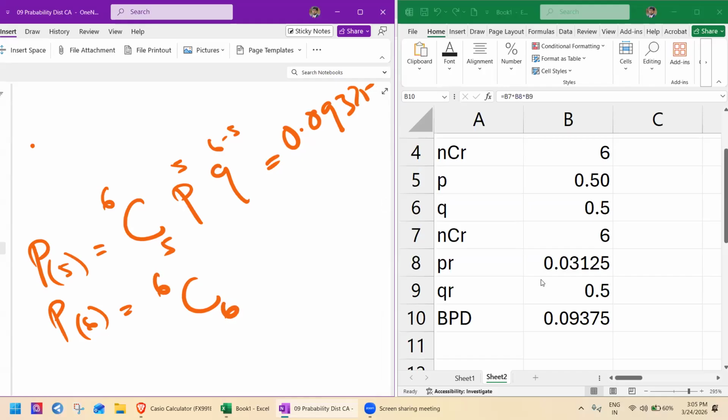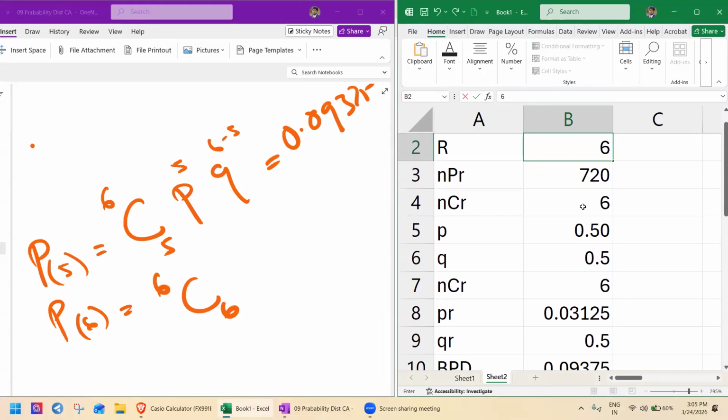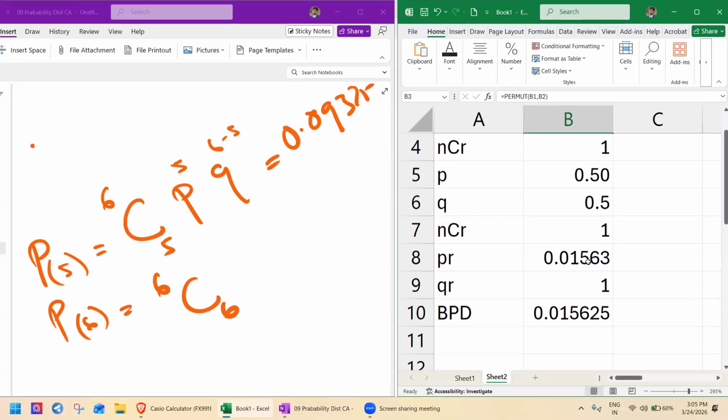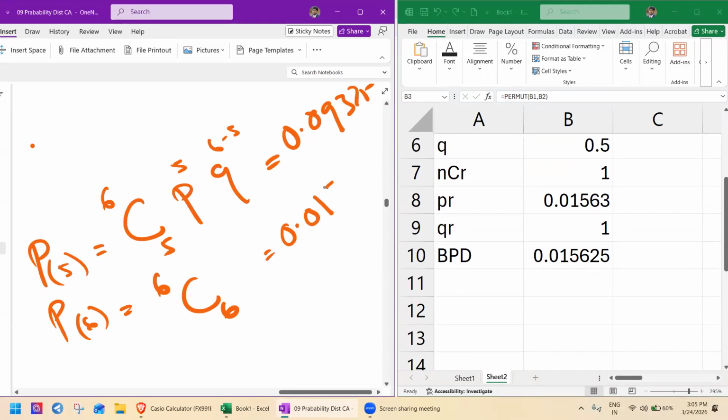Now let's see probability of 6 by 6. And here we have to change this one. And we will get probability 0.015625.